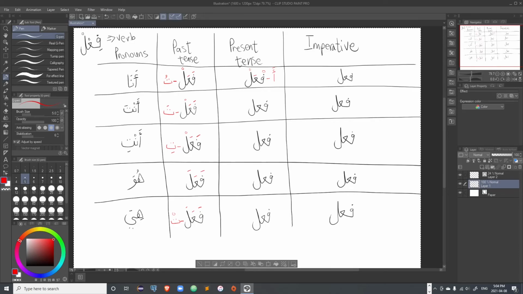For أنت, you, أنت تفعل. Or if you wish to be accurate, it would be تفعلُ.